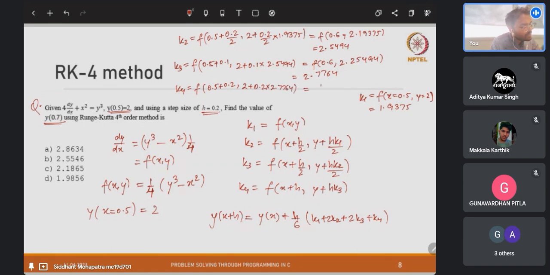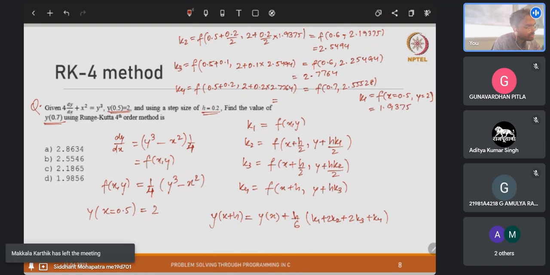Now this is f of 0.7 comma 0.2 into 2.7764 plus 2, which is 2.55528. Now how much is this value? Let us calculate that. This y cube minus 0.7 square divided by 4, you get 4.0486. Now you put it into this equation.